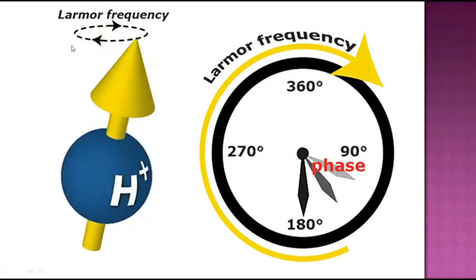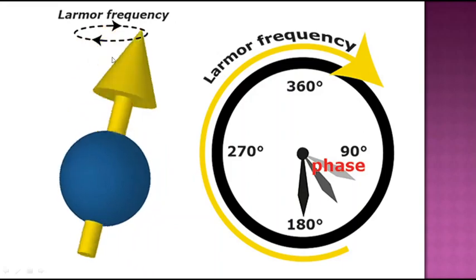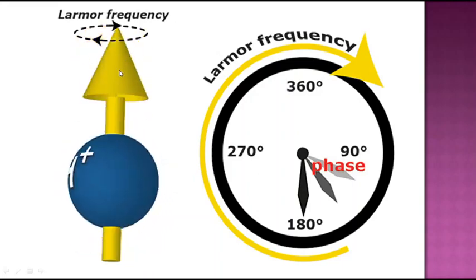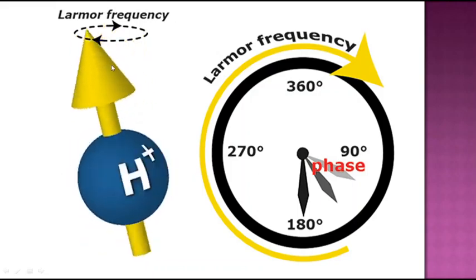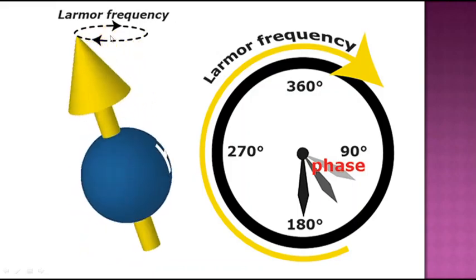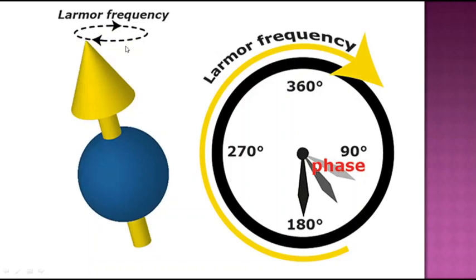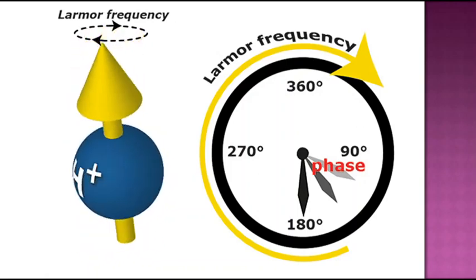And this precession of the nuclei will start when a magnetic field is applied. Before the magnetic field, it will have a spin, but it will not have a precession. This precession you can have only in the presence of a magnetic field.